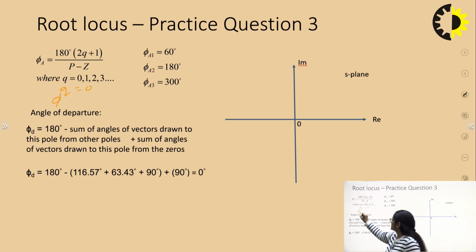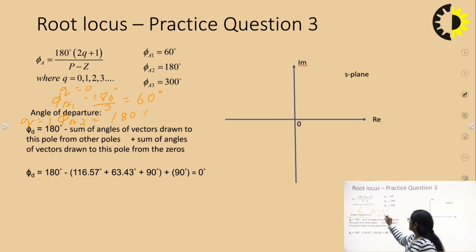So, we get phi a1 is equal to 180 degree divided by p minus z, which is 3, that is 60 degree. Then, when we substitute q is equal to 1, phi a2 is 180 degree into 3 divided by 3, that is 2q plus 1, 2 into 1, 1 and this is 3. So, this comes out to be 180 degree.